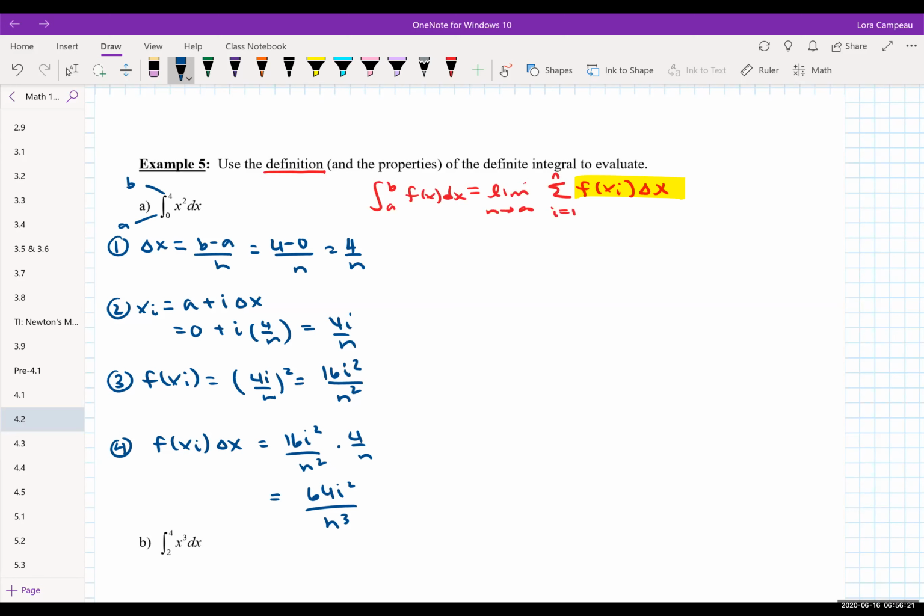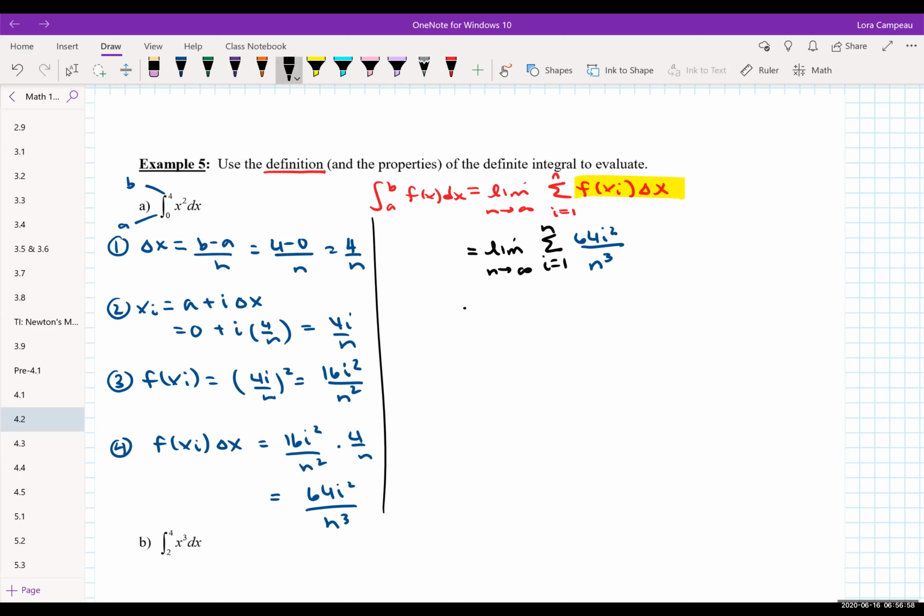Now, a little nicer, we can look at the limit as n approaches infinity of the summation, but we already know what f of x_i times delta x is. It's a lot prettier: 64 i squared over n cubed. If you remember, what was nice is that when the summation was dealing with i's, anything that was a constant or an n could be factored out.